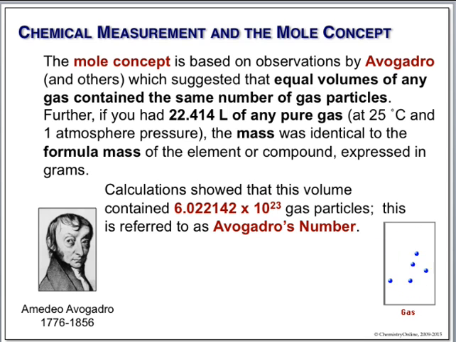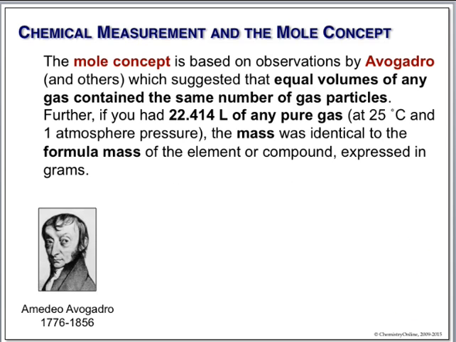Further, he went on to calculate and found that 22.4 liters of any gas, didn't matter what it was, contained 6.02 times 10 to the 23rd particles. Now we're going to talk about the gas laws, and some of this will make a little more sense when we finally do.